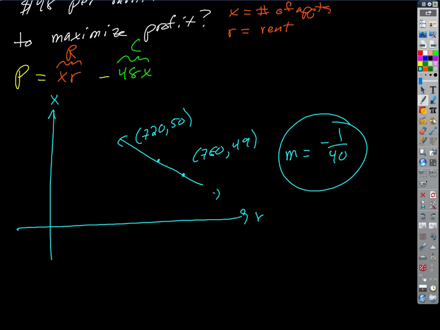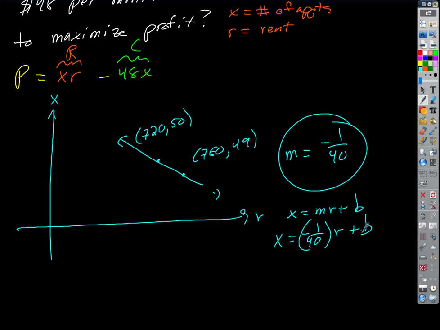So what's our slope-intercept form of this line? Instead of y equals mx plus b, it's x equals mr plus b. So then we end up with x equals negative 1/40th times r plus b, and let's just use either one of those points.